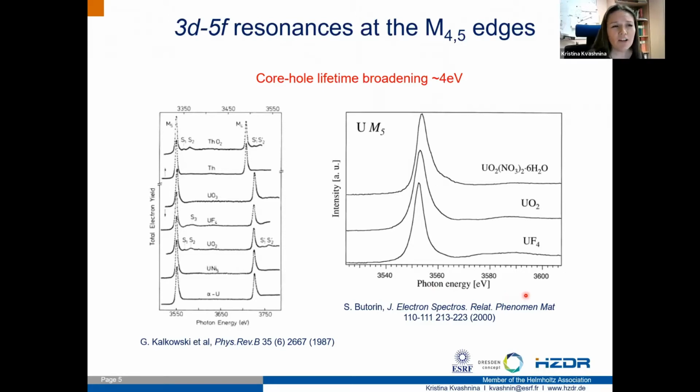There is only one sharp absorption resonance and hardly any special excitations or transitions can be seen, and this is due to the fact that core hole lifetime broadening is still on the order of 4 electron volts at the M edges. So how do we go below the core hole lifetime broadening?